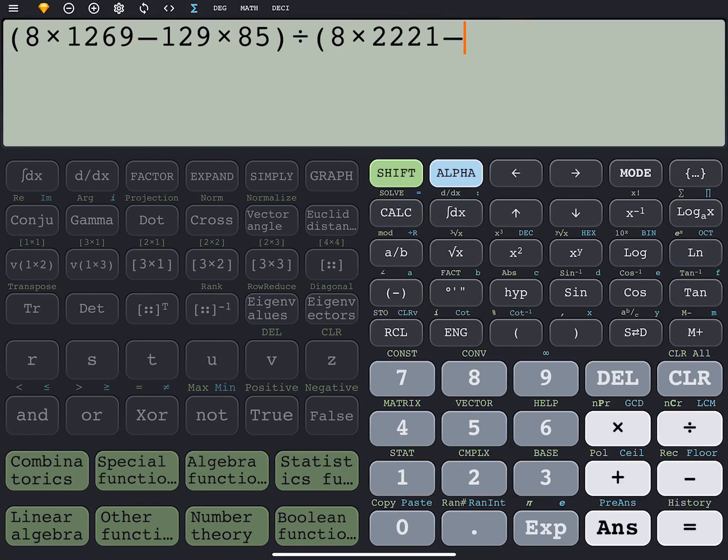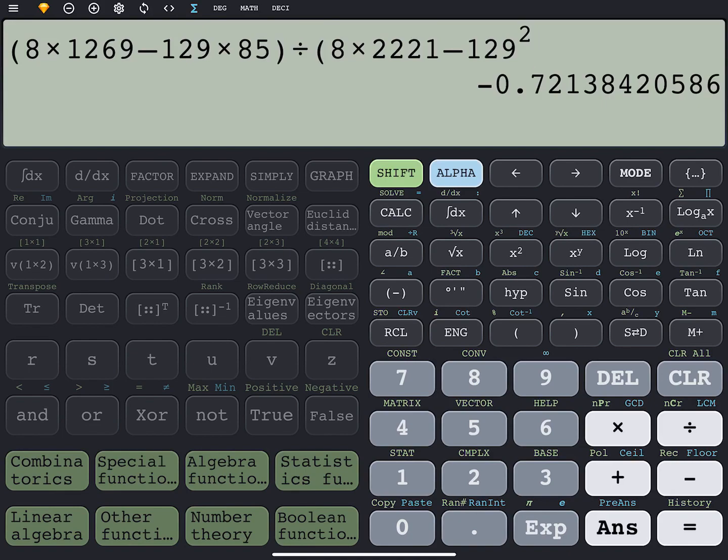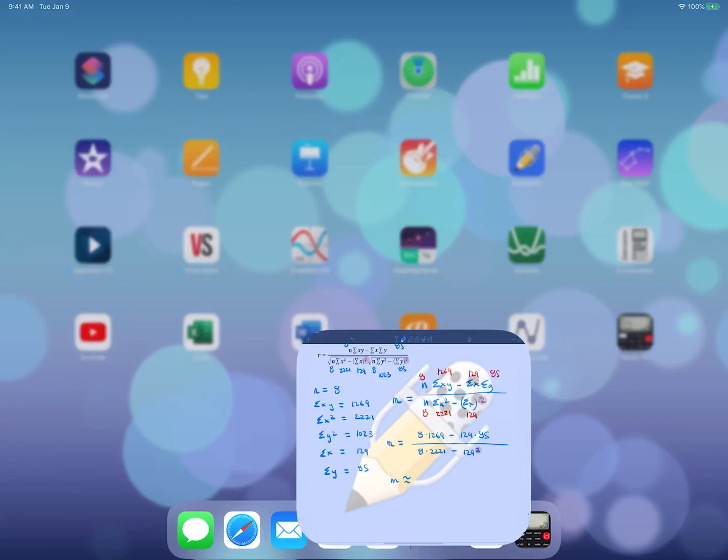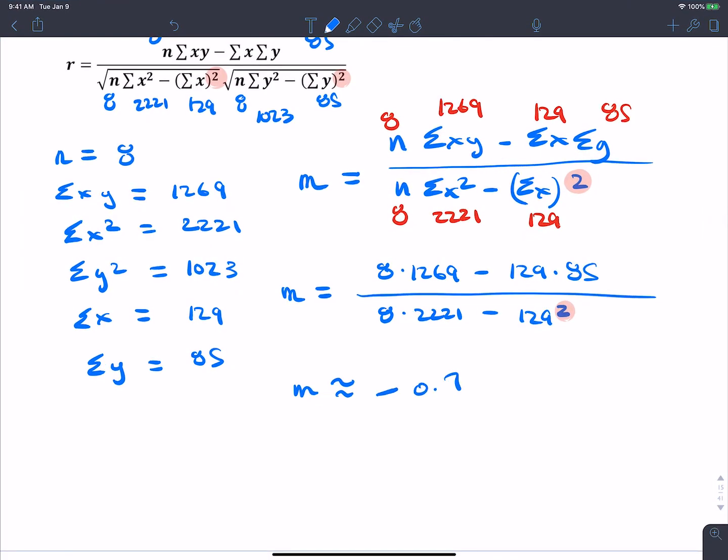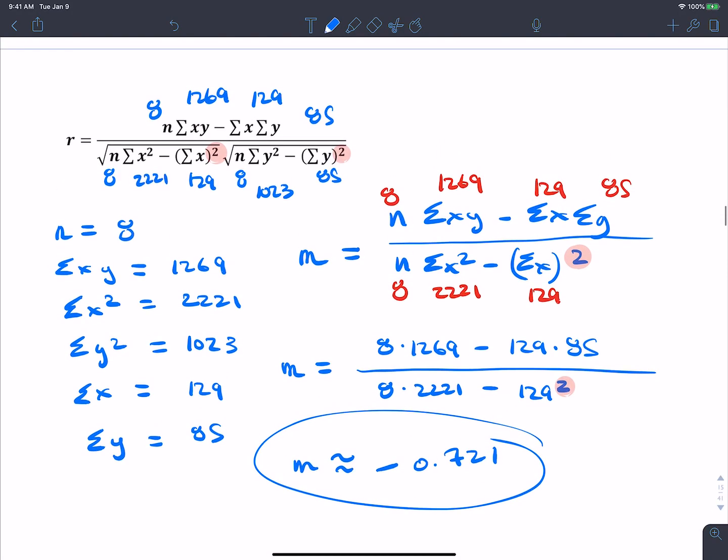And that's minus, what's sum x? 129, raised to the second power. So here's our second power key. Close that parentheses. Is that what we get? Is that negative 0.721? Double check my arithmetic. Does that look okay? Okay. Negative 0.721. So here's the slope of that line. It's a negative slope. Okay?